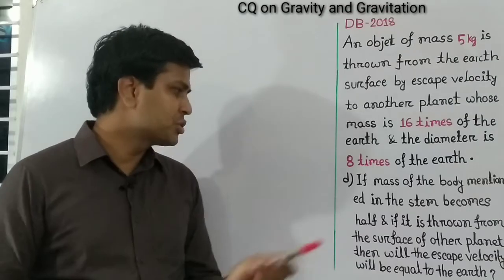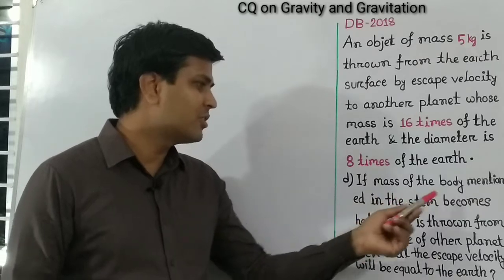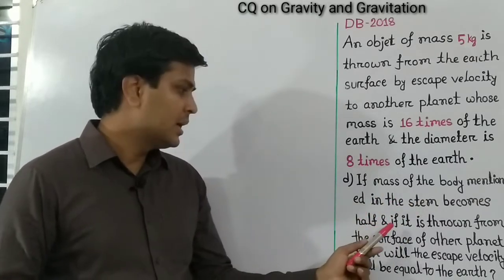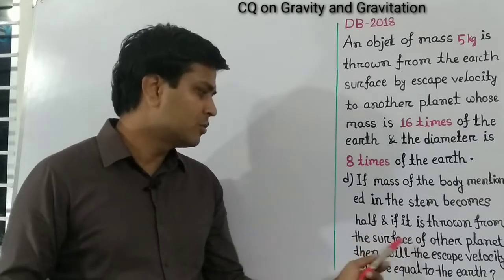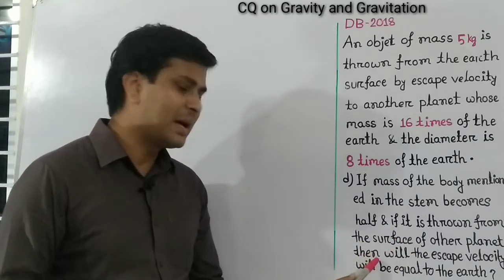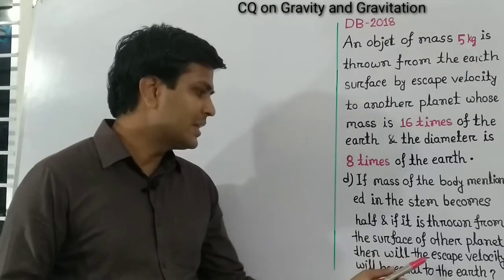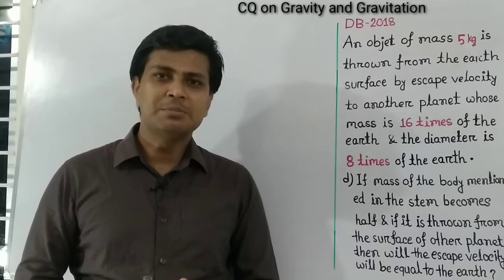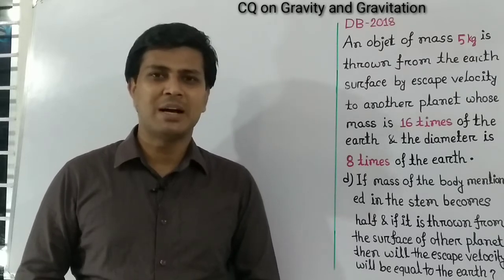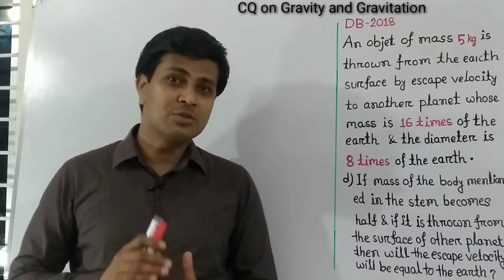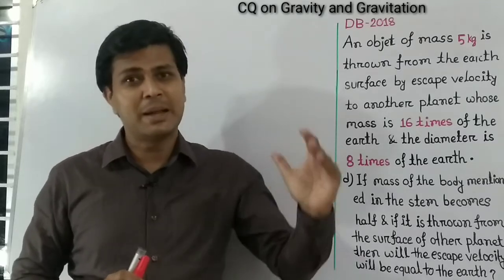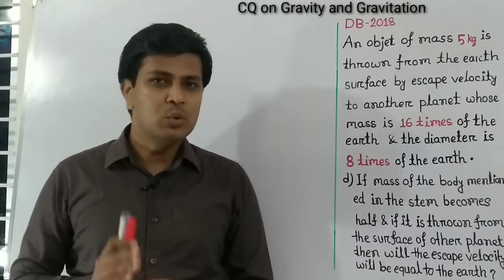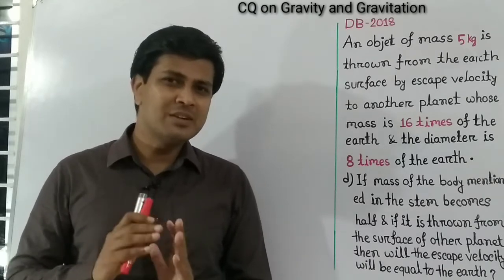Question number D. The question is, if the mass of the body mentioned in the stem becomes half, and if it is thrown from the surface of the other planet, will the escape velocity be equal to that of the Earth's surface? That means if the mass of the body becomes half and if it is thrown from the surface of another planet, whether the escape velocity, that means VE, will be equal to the escape velocity of the Earth's surface.